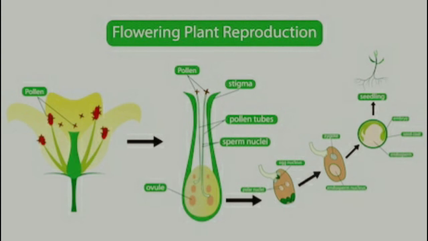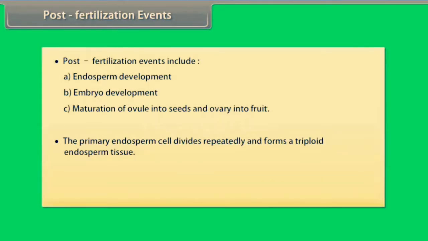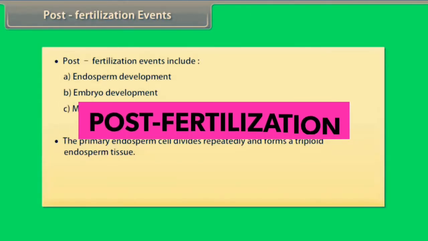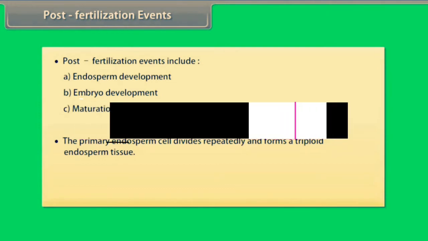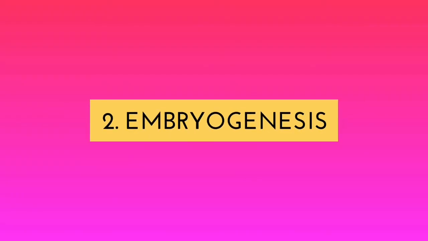This takes place inside the female body. In seed plants, the motile male gametes are carried to female gametes by pollen tubes. And the third event is post-fertilization. This event involves two stages. One is zygote formation and another one is embryogenesis.